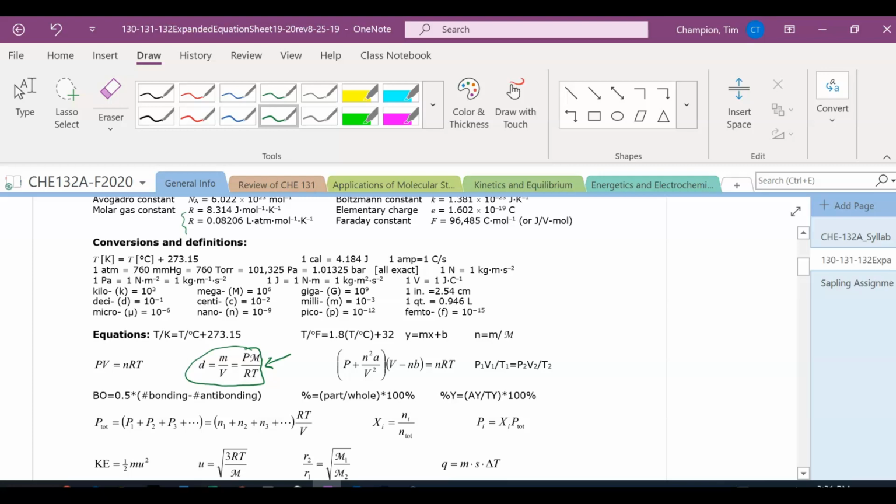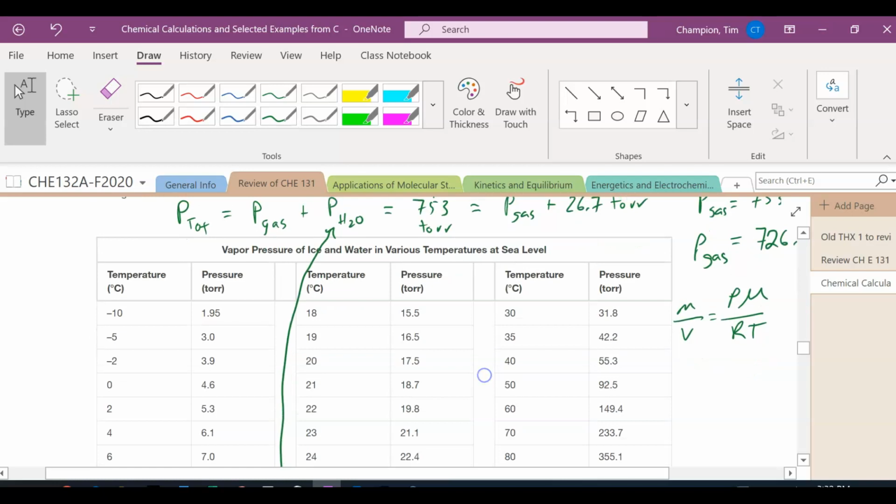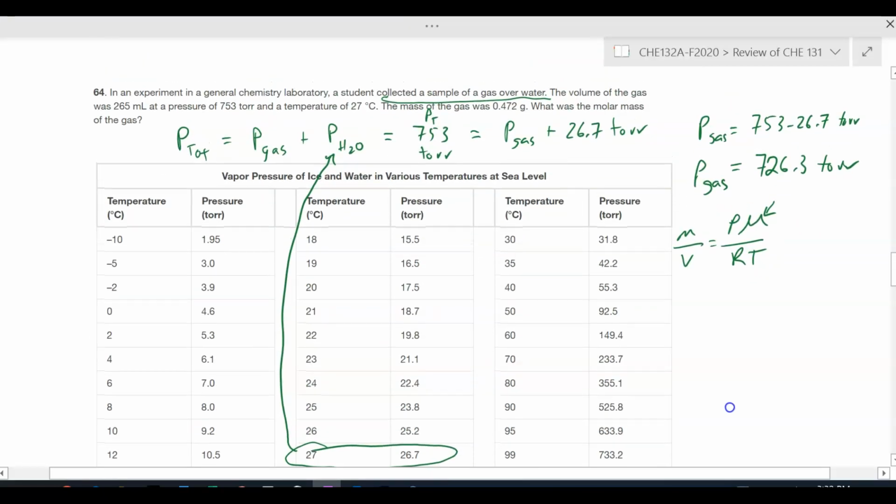It comes from taking this equation and plugging n is equal to m over molar mass, script M, into this, and we get that equation. So m over V, little m over V, is equal to P molar mass over RT. So this is our equation we're going to try to solve with the data that we have.